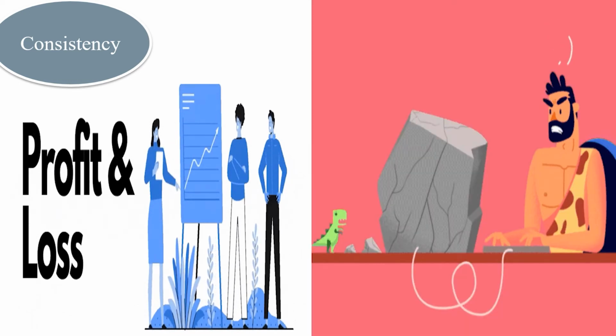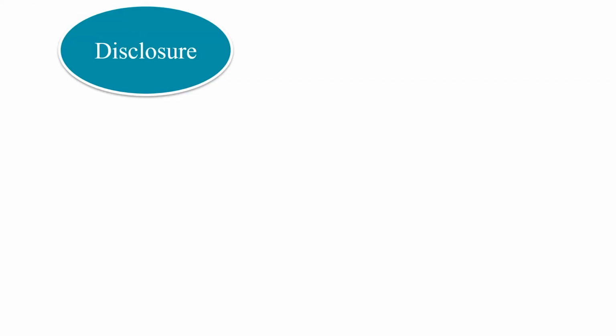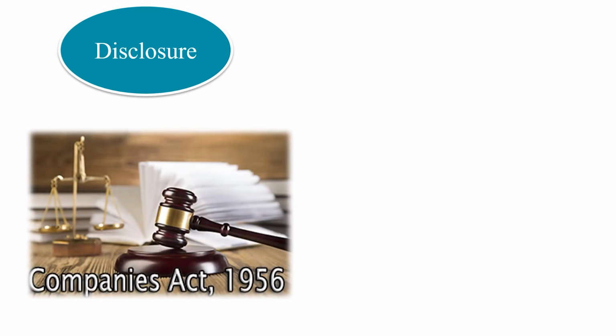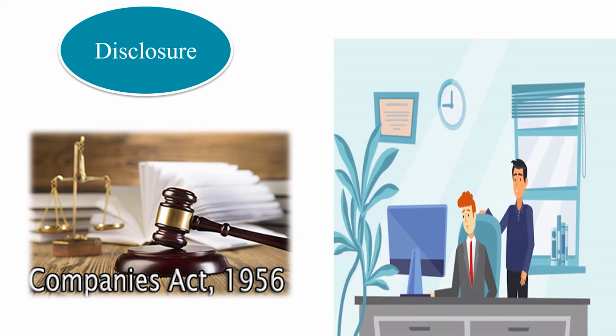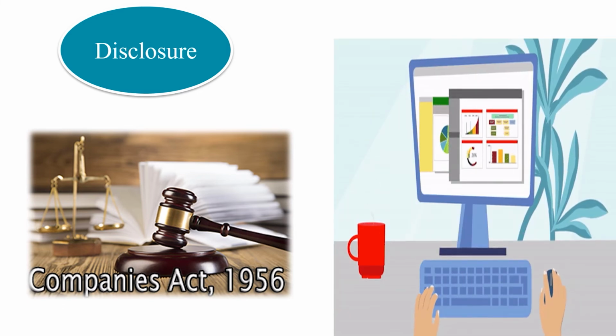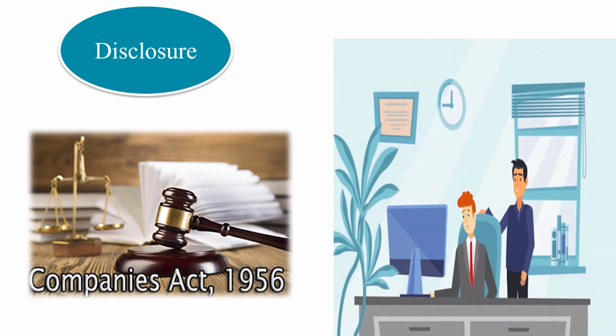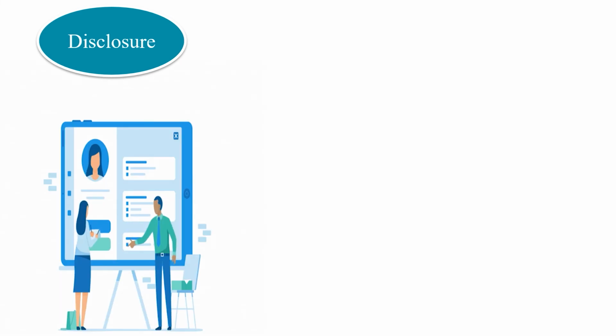After that, the convention of disclosure comes. The Companies Act 1956 prescribed a format in which financial statements must be prepared. Every company that falls under this category has to follow this practice. Various provisions are made by the Companies Act to prepare these financial statements.